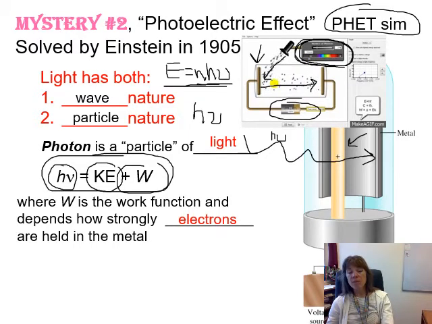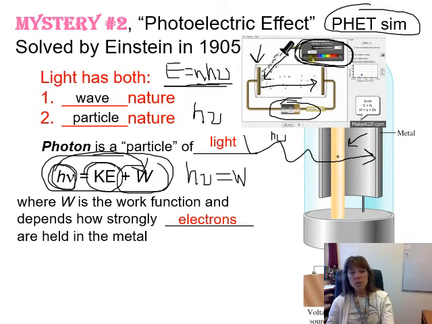But a work function is the amount of energy that is required to overcome the fact that the electron is being held by the atom. So this energy, hν, comes in, hits the surface, overcomes the work function, and the electron is ejected with kinetic energy. Now, if the hν, or amount of energy required, is exactly equal to the work function, then that electron will not have any kinetic energy.